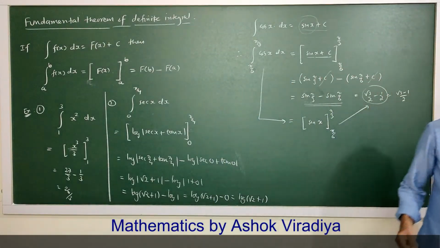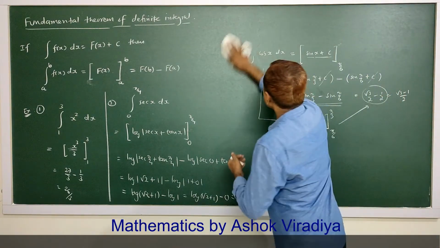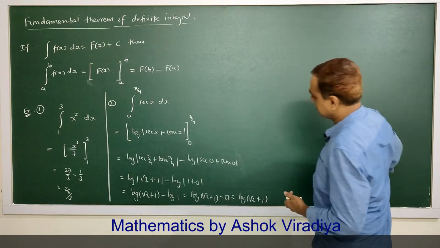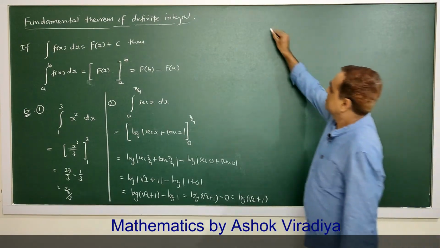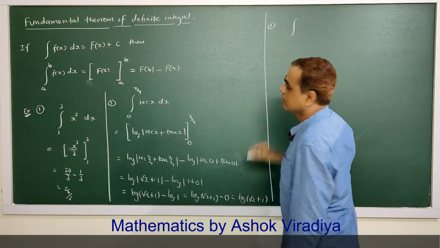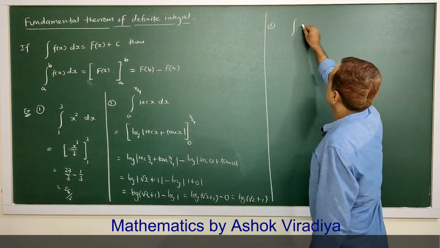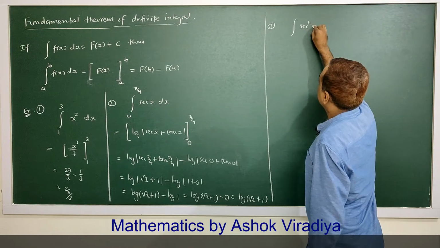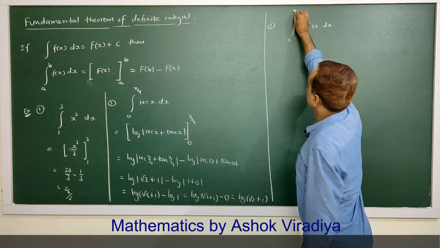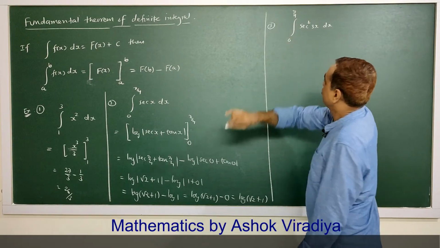Suppose we want the integral. The next question is the integral of sec square 3x. Here I kept 0 to pi by 4.